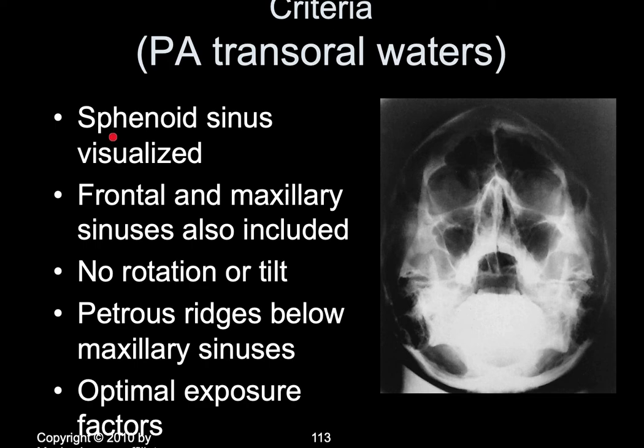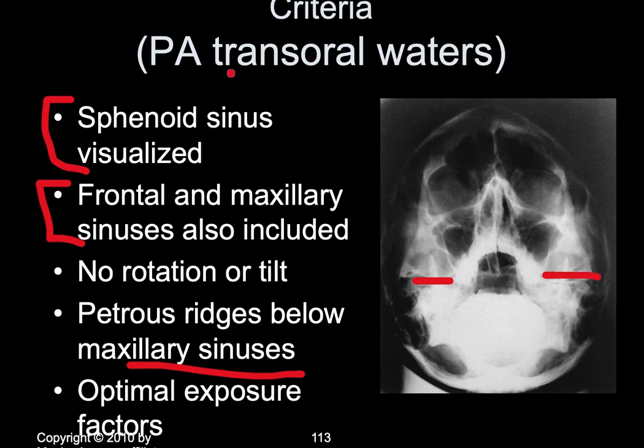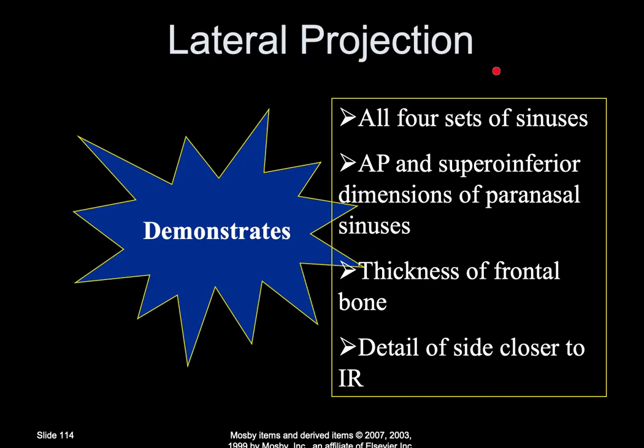The transoral, you're going to visualize the sphenoid sinuses. Frontal and maxillary sinuses will also be included. Make sure you have no rotation or tilt. And petrous ridges are below the maxillary sinuses. So they're imaged down here, okay? But you're seeing the sphenoid, maxillary, frontal on the transoral Waters.